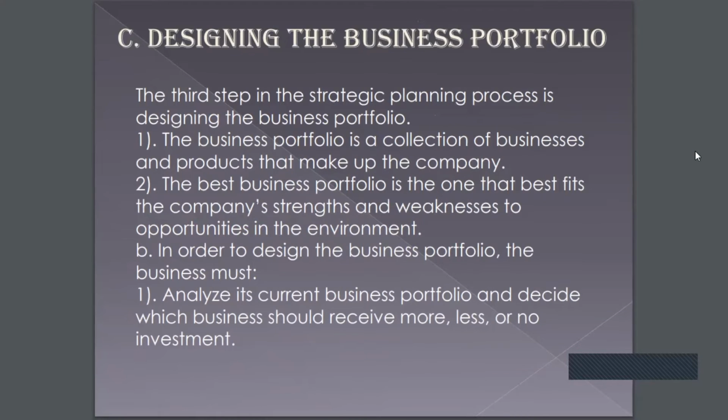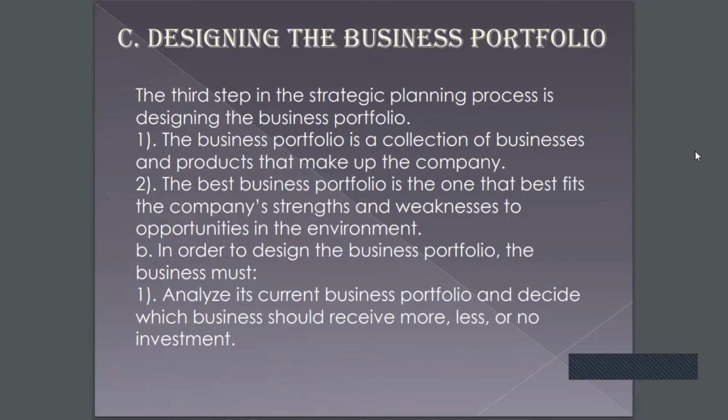The third step in the strategic planning process is designing the business portfolio. The business portfolio is a collection of businesses and products that make up the company. The best business portfolio is the one that best fits the company's strengths and weaknesses to opportunities in the environment.